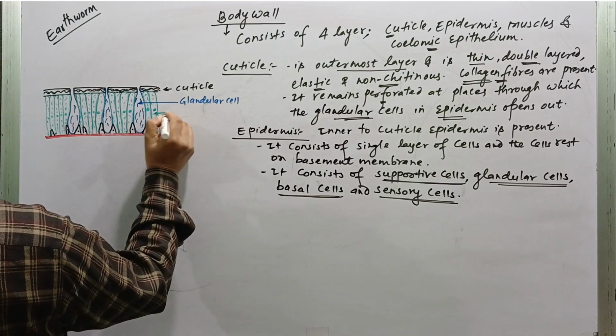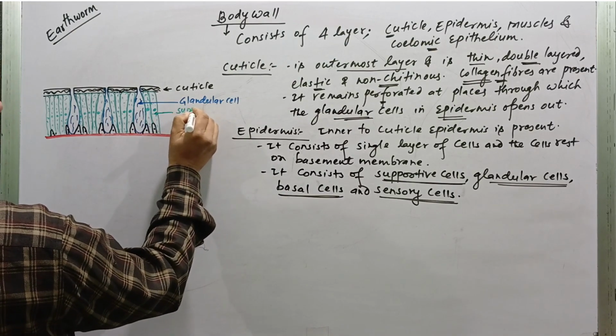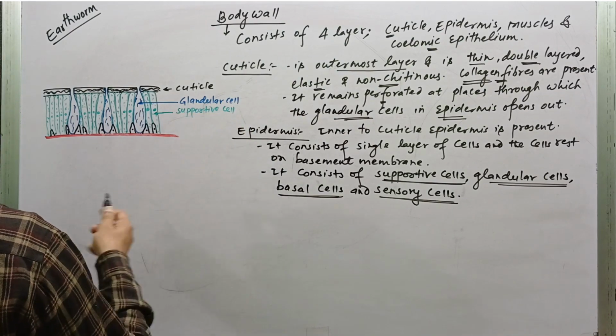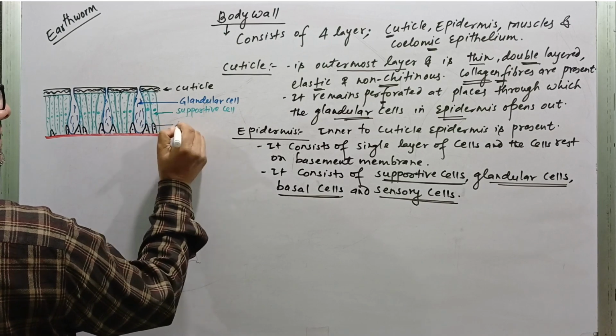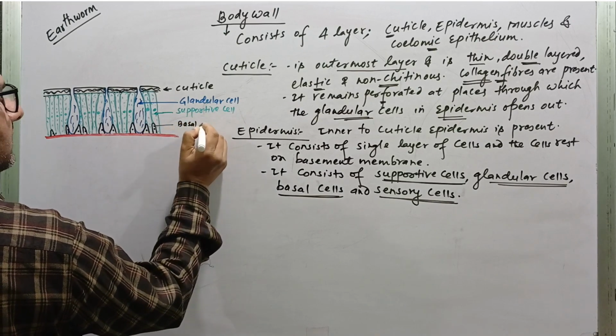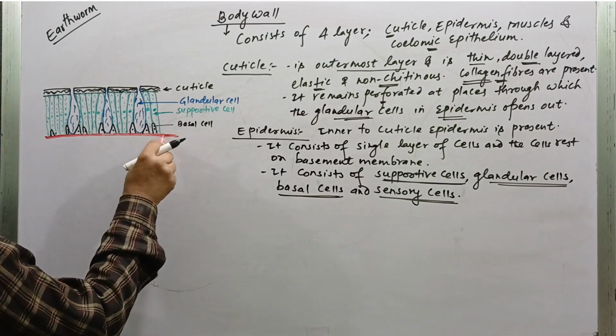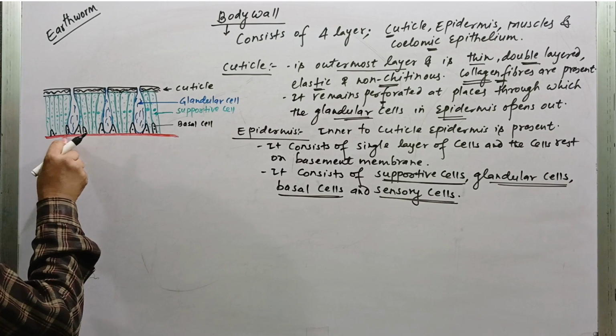This one is supportive cell, and this one is basal cell. Okay, now let's make it somewhat brighter.